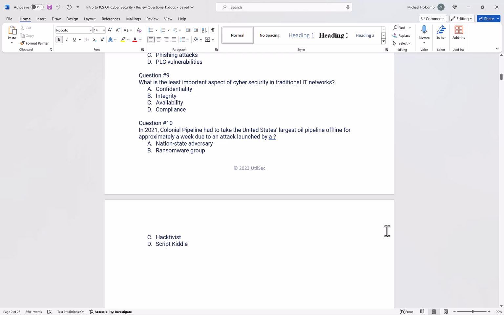Question 10, scroll down a little bit. So in 2021, Colonial Pipeline had to take the United States' largest oil pipeline offline for approximately a week or 10 days due to an attack launched by... and we spent some time talking about Colonial Pipeline and really highlighted it throughout the course because it was a big turning point in ICS/OT.